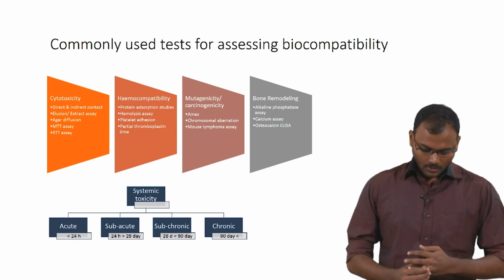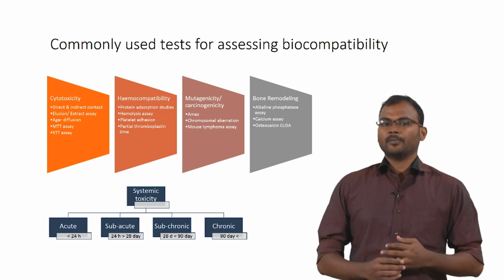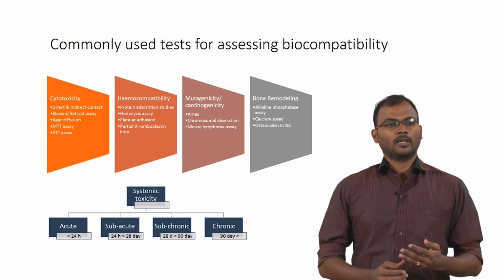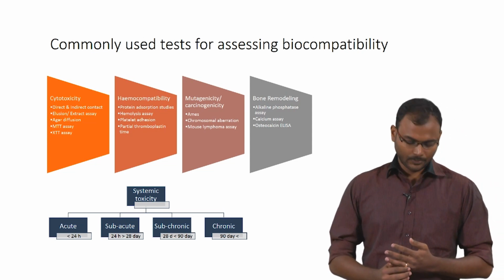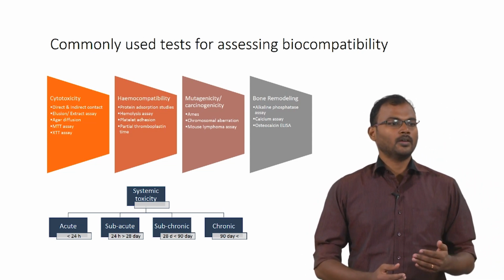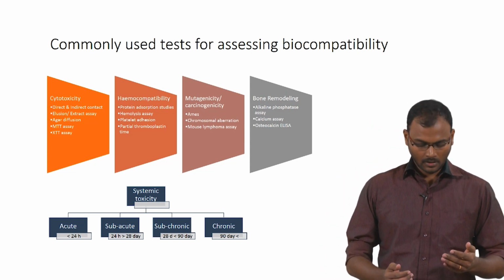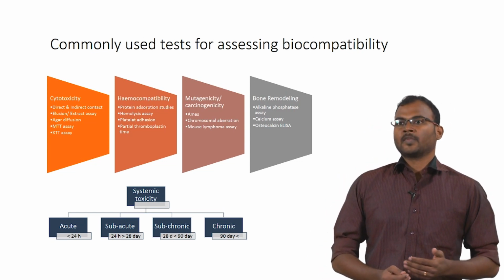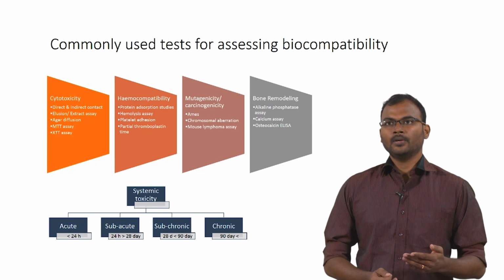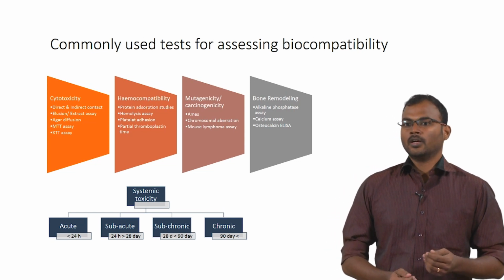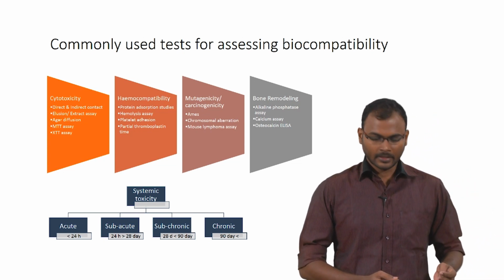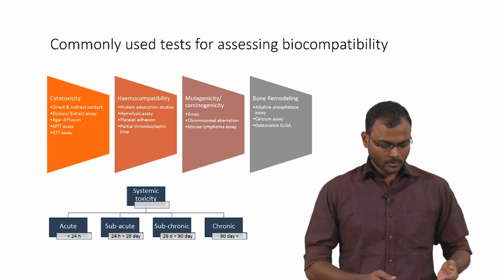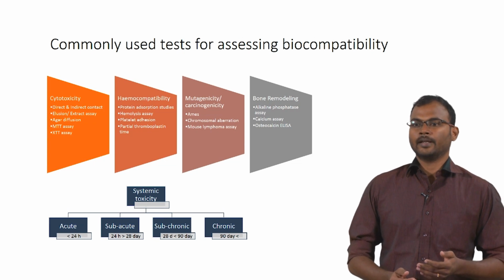Okay. So, systemic toxicity determines how long the implant you are going to use it in a system. Acute is where you will use it for less than 24 hours, for example catheters used for angioplasty and other treatments, and subacute is 24 hours to 28 days.